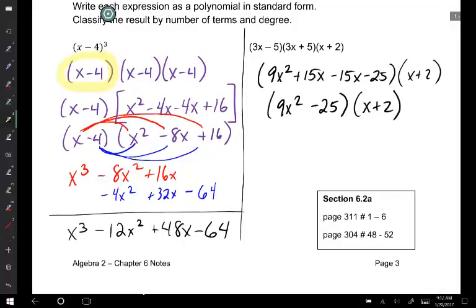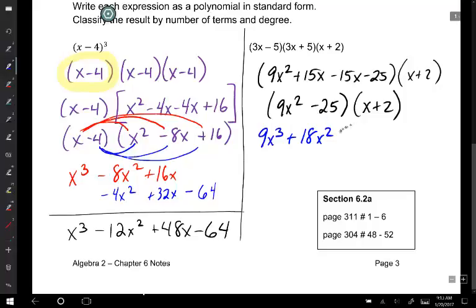All right, let's FOIL the remaining stuff. 9x squared times x is 9x cubed. 9x squared times 2 is 18x squared. Negative 25 times x is negative 25x. And negative 25 times 2 is how much? Negative 50.